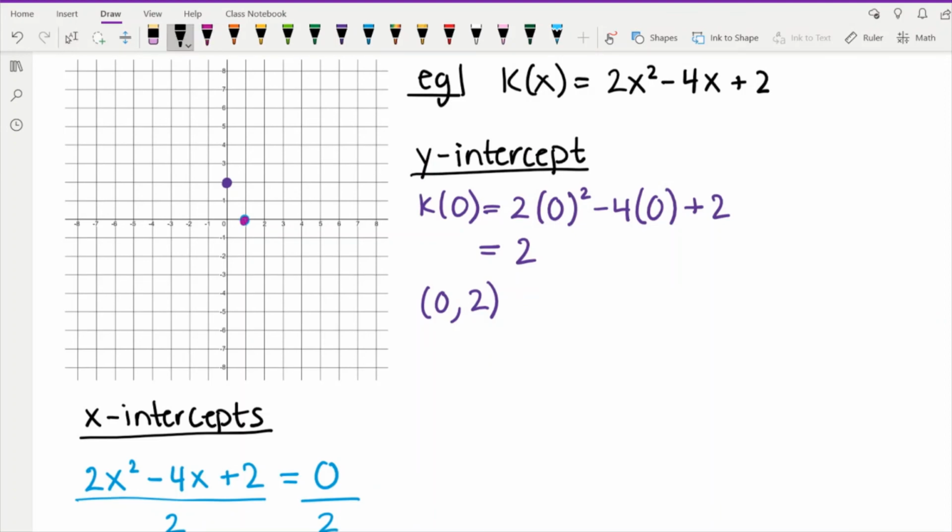Let's put in that kind of symmetric point. We'll have another point here, and now we can sketch the graph. And what we see is that the reason the graph has only one x-intercept is because the vertex is the place where the graph is touching the x-axis. And so we only end up with one x-intercept.